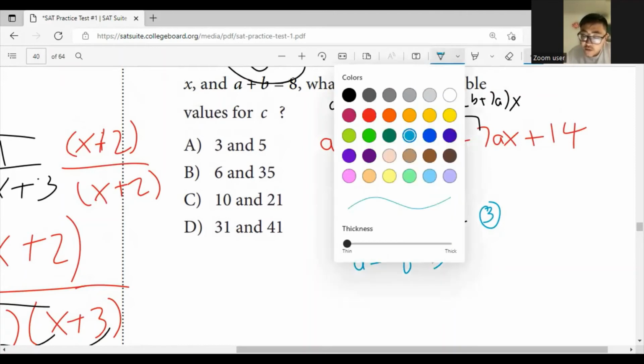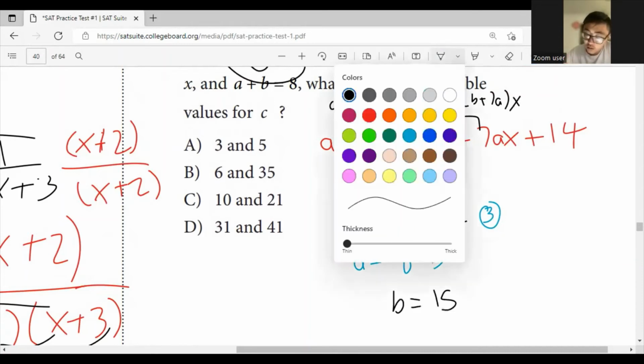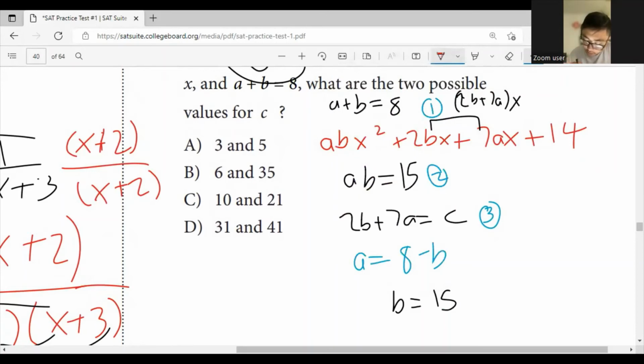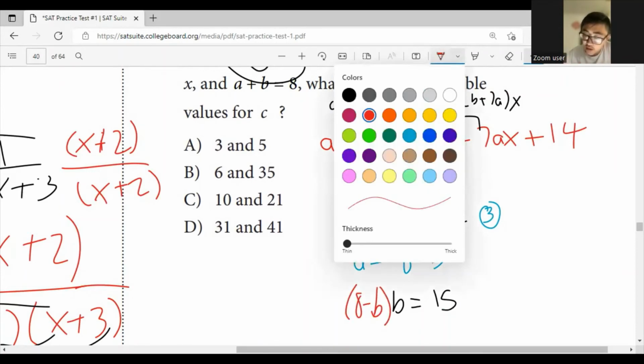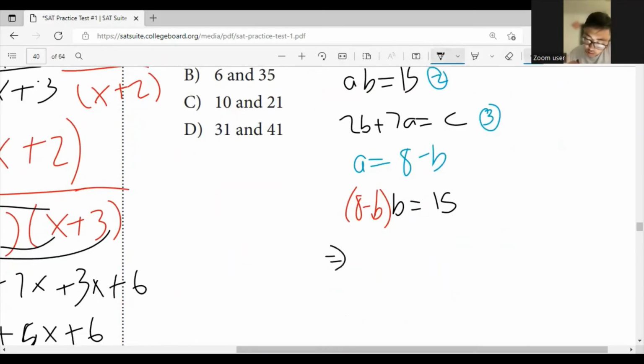And now what I can do is plug in. So I know a times b equals 15, and then I substitute for a, 8 minus b. I'm going to combine these two together to get 8b minus b squared equals 15.